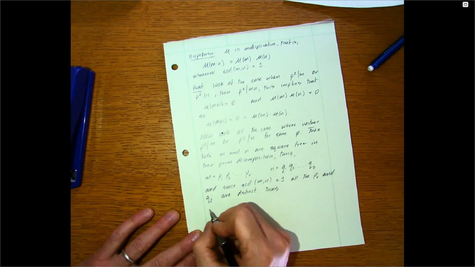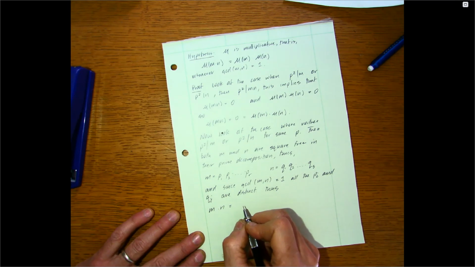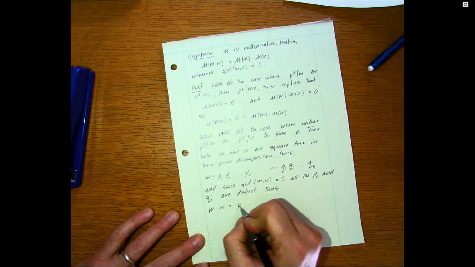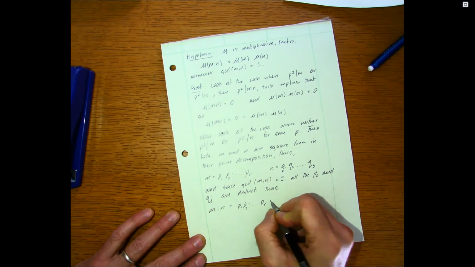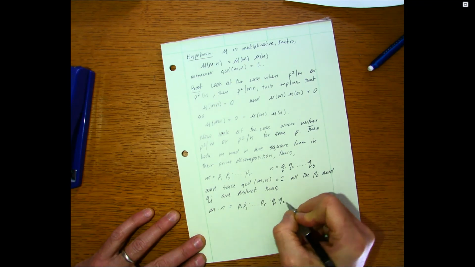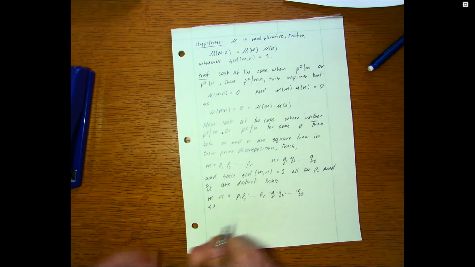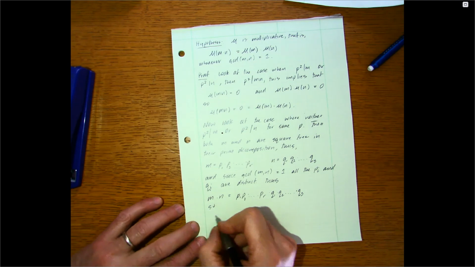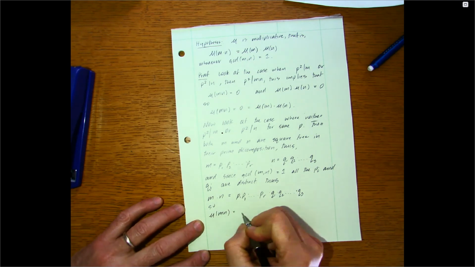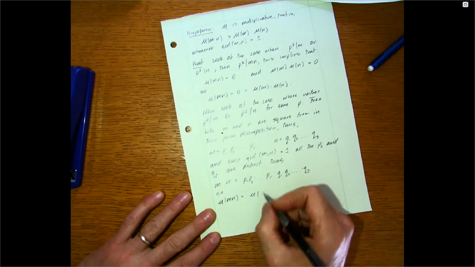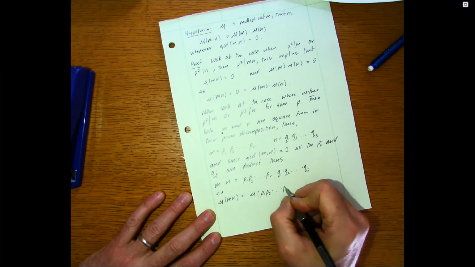Thus, if we multiply m times n, we just get p1, p2, all the way up to pr times q1 times q2, all the way up to qs. So if we apply the Mobius function to this, we know what to do, right? Mobius of mn will be the Mobius function evaluated at this prime number factorization.